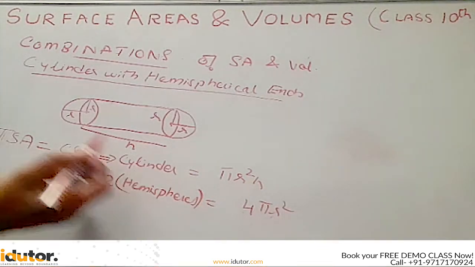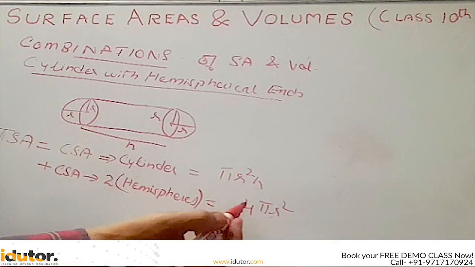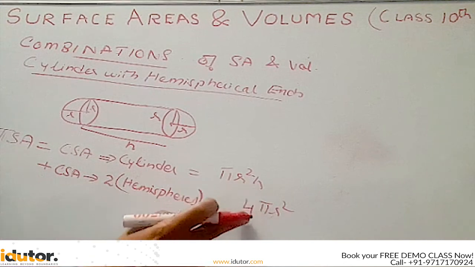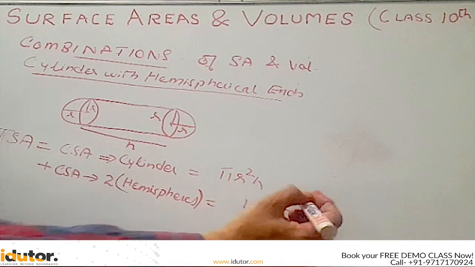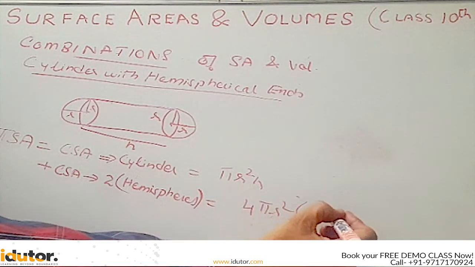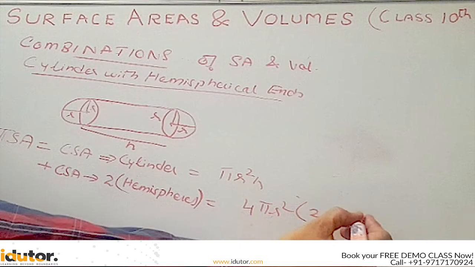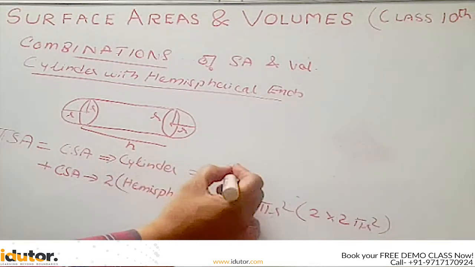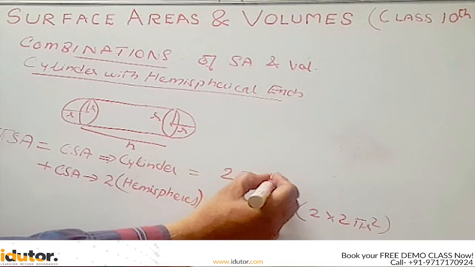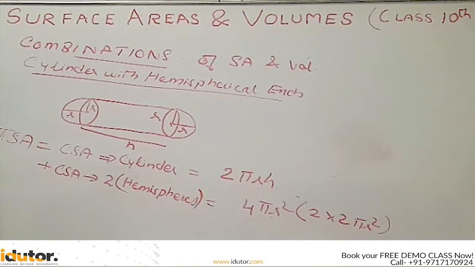You can write in brackets 2 multiplied by 2 pi r square. So the TSA is 2 pi r h plus 4 pi r square. When we add them together, we get the total surface area.